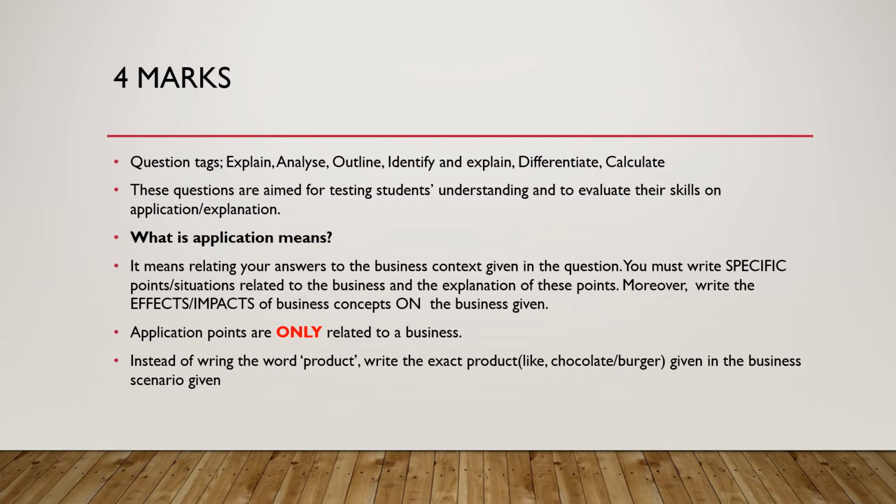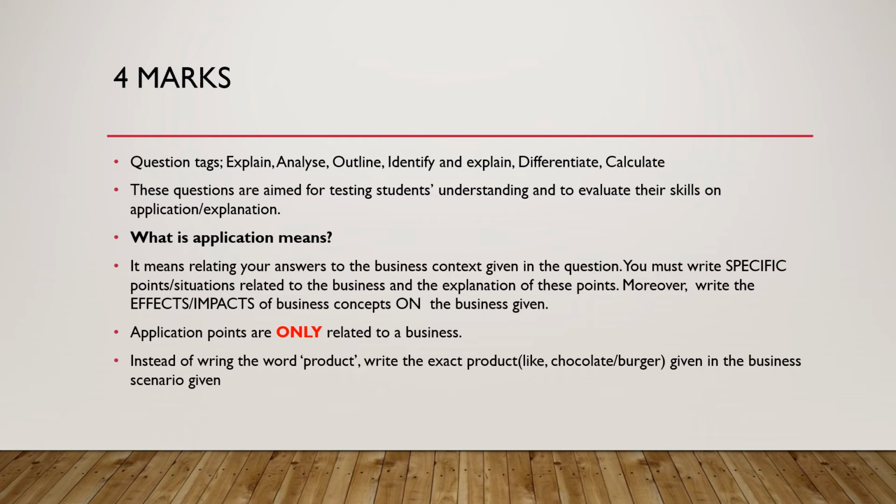This is a very normal, general explanation, a simple analysis. You will not lose marks, but I don't think you will get better marks for this type of general explanation. Why? Because your answer does not specifically mention anything about the particular business asked in the question.